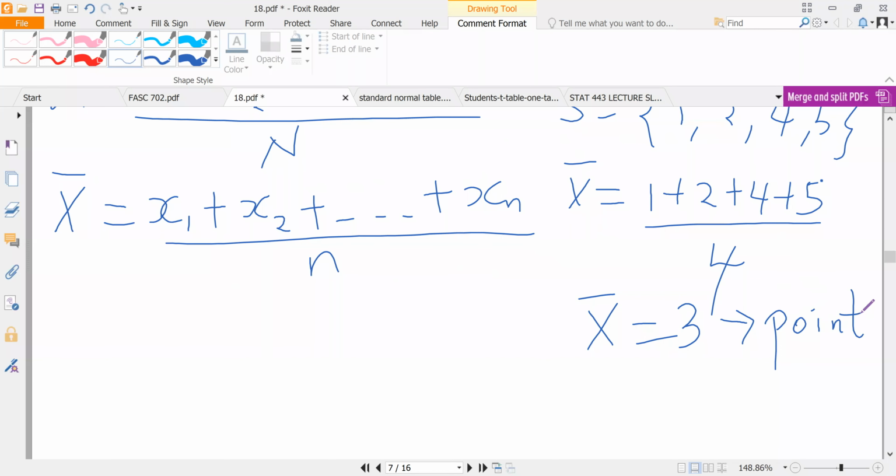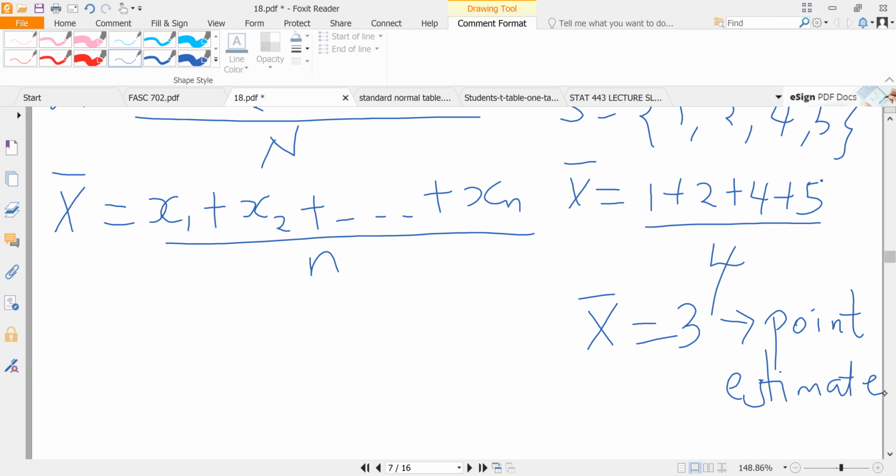When you use actual observations from the sample to calculate X bar or any other estimator, what you get we call a point estimate. So in that case, this is no longer an estimator, but an estimate.